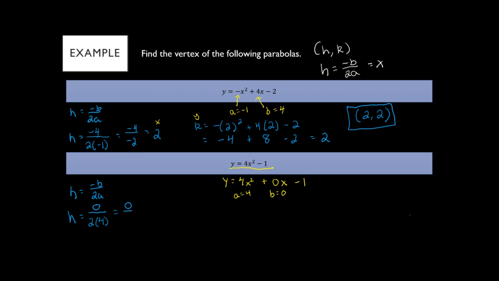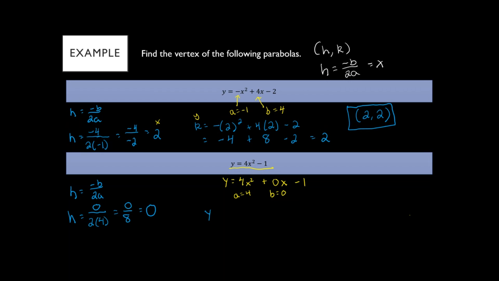So this gives us 0 over 8, and 0 on top of a fraction means 0 divided by something, and 0 divided by anything is 0. I see a lot of people actually mess that up, and they'll put like 8 or they'll put 1. So if 0 is on top, your answer is 0. So our h value is 0. This does not mean we don't have a vertex. You always have a vertex. It's just at 0 for your input, your x.